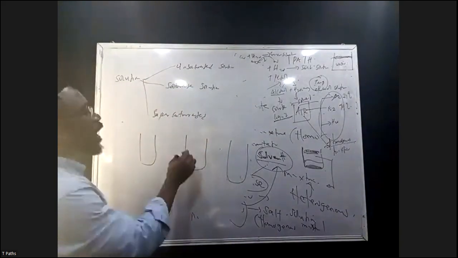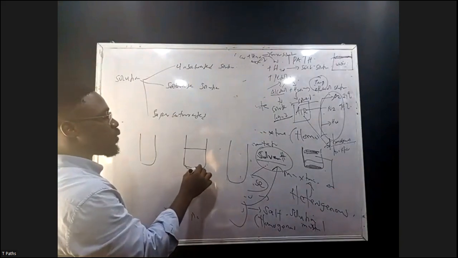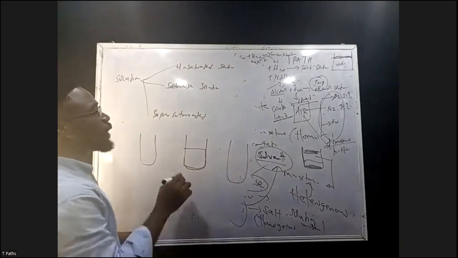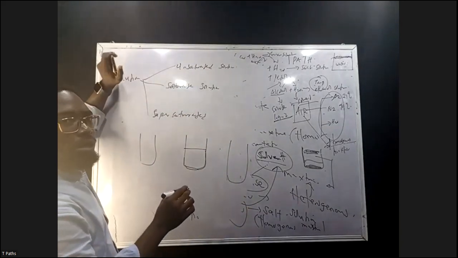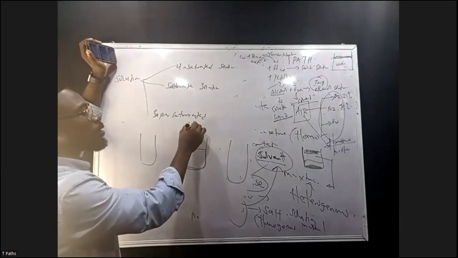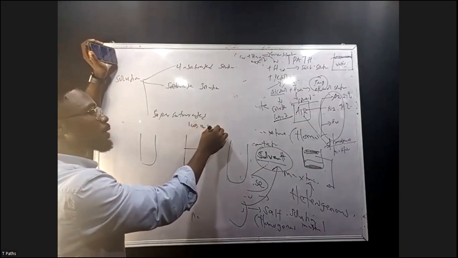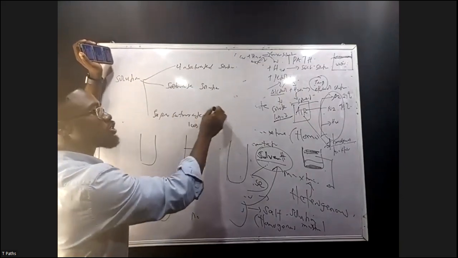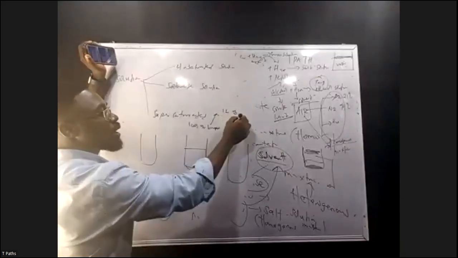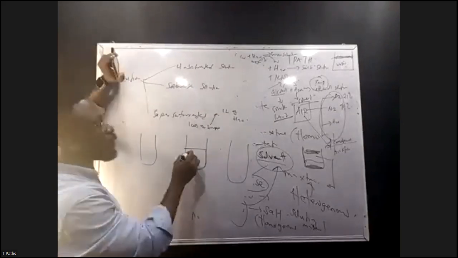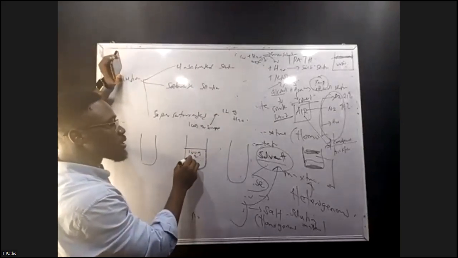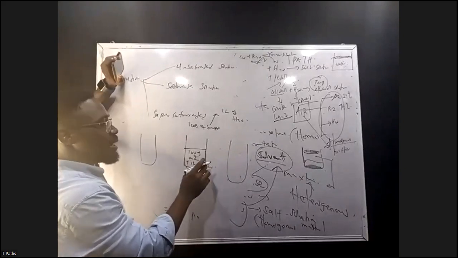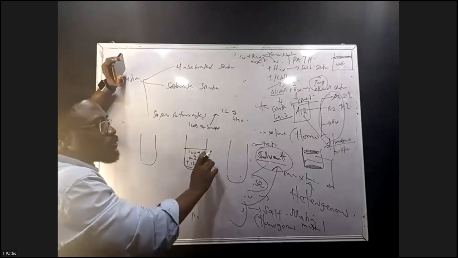Now, let's assume you have a certain volume of water that can comfortably dissolve 100 grams of sugar. 100 grams of sugar can comfortably be dissolved in, say, 1 liter of water. Now, when you have a solution of 100 grams of sugar in 1 liter of water, that is the normal capacity of the water.